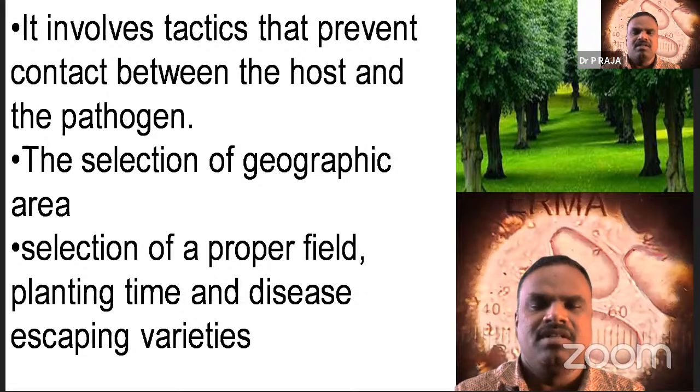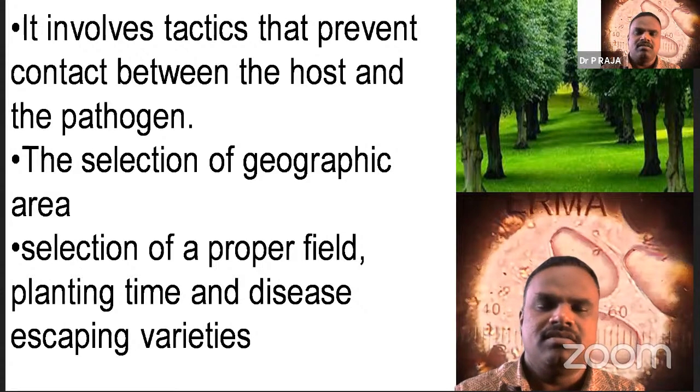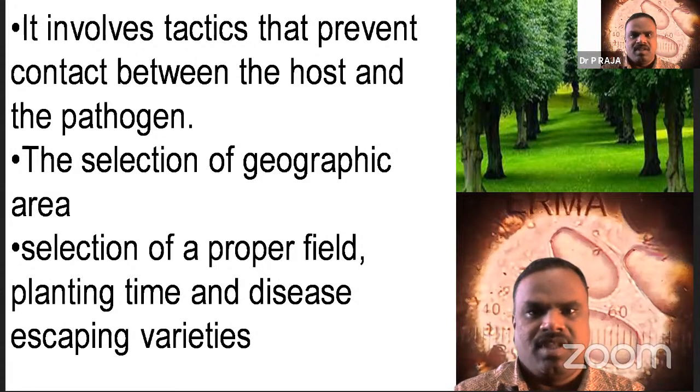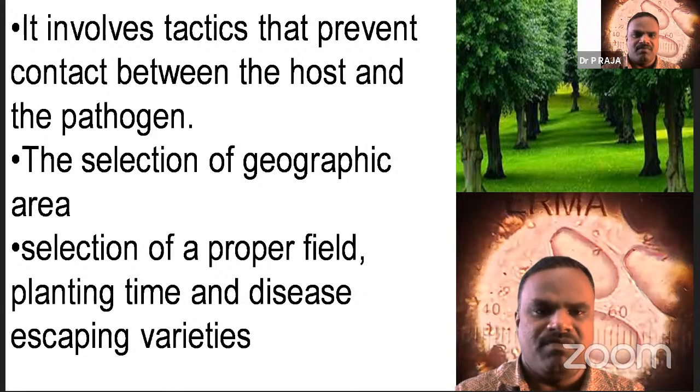For example, some are in the temperate zone, some in a high rainfall zone, and some in cold places. The pathogen will not move from one zone to another unless a congenial environment is prevalent. So we must choose which tree species we can grow in a certain geographical area.